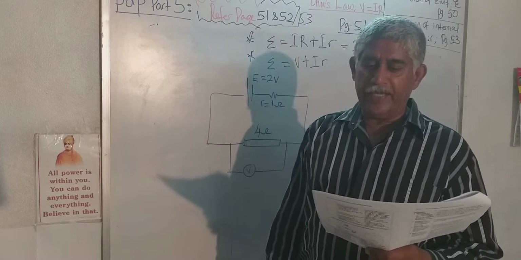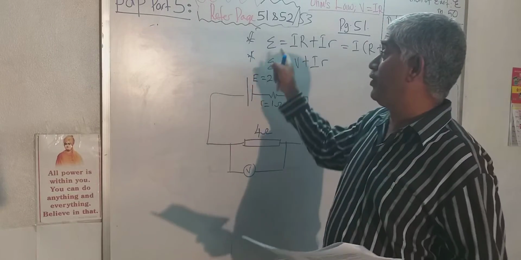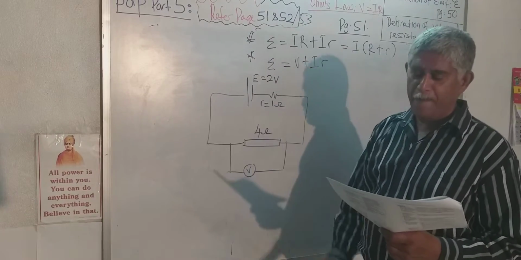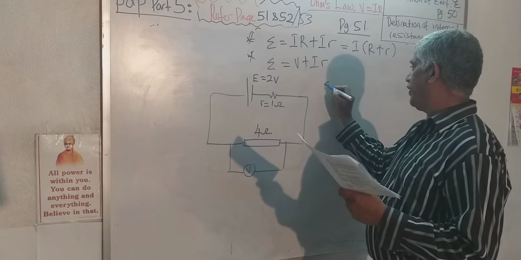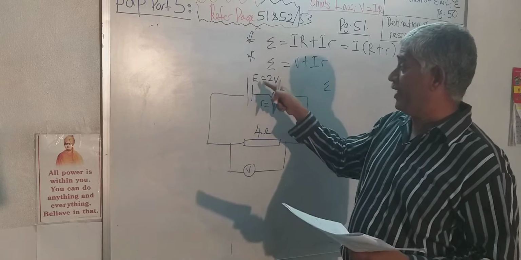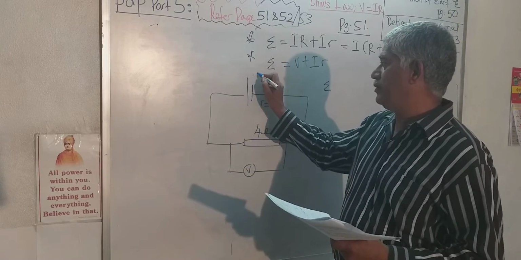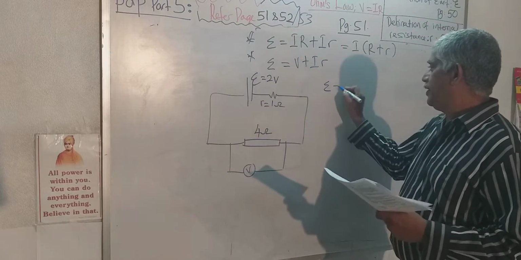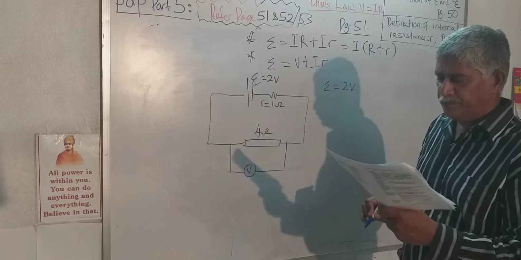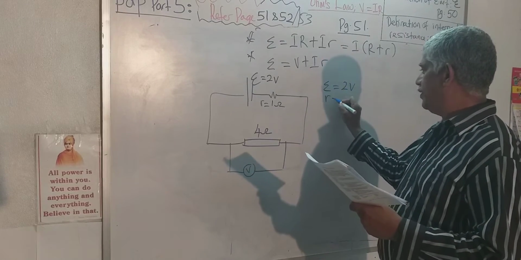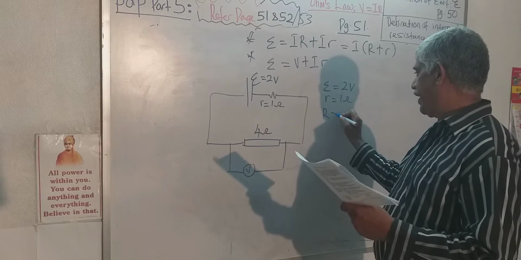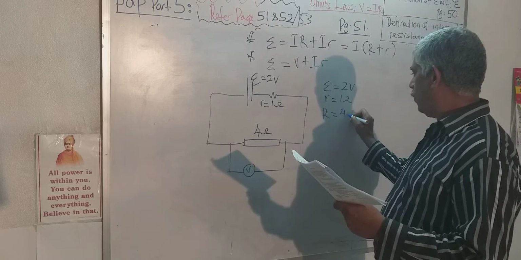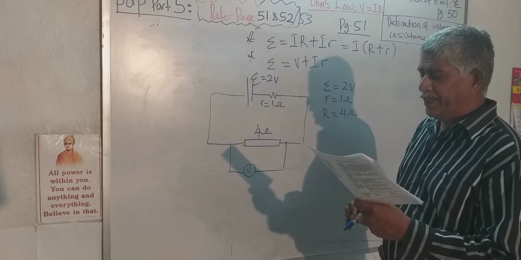The question says: a cell with an EMF. Whenever you see EMF, I already told you, these are the two equations you will remember. The EMF of 2 volts. Here in the notes they put E; it's actually epsilon, but it's fine to write E. Epsilon is 2 volt, internal resistance is 1 ohm, and the external resistance, we can write as capital R, 4 ohm. What is the reading of the voltmeter?